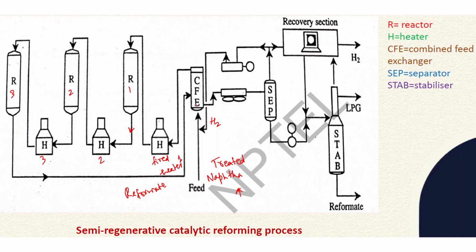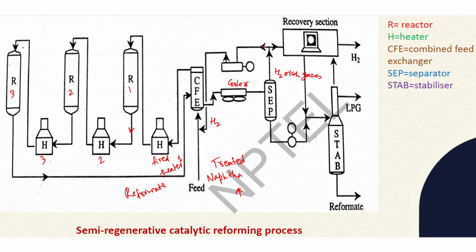And further after that, this reformate is taken to a cooler where heat exchange and further lowering of the temperature of the reformate takes place. Then it is sent to the separator, where the hydrogen-rich gases are sent above for recovery.